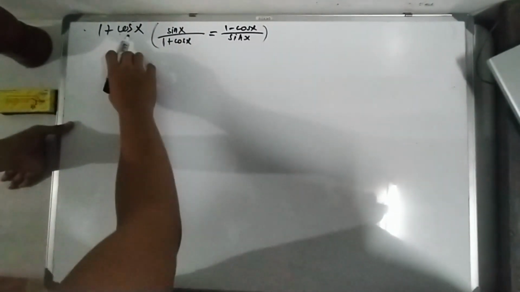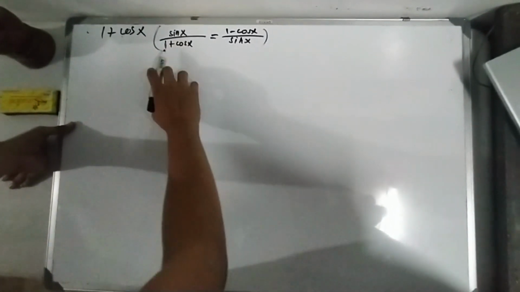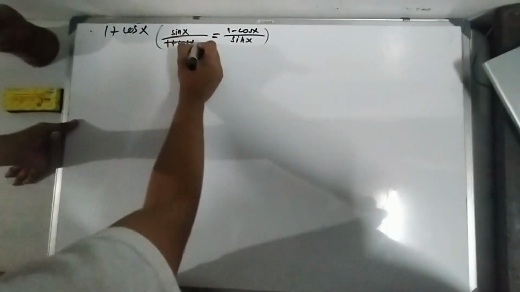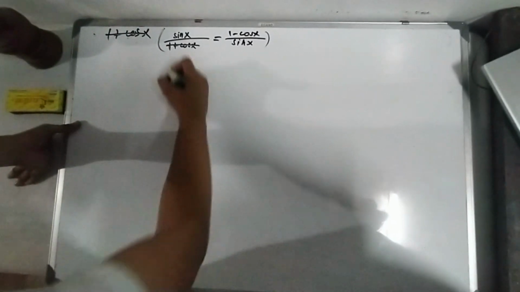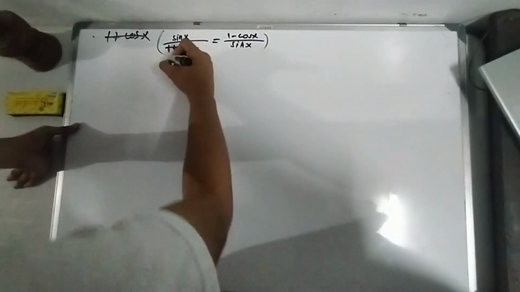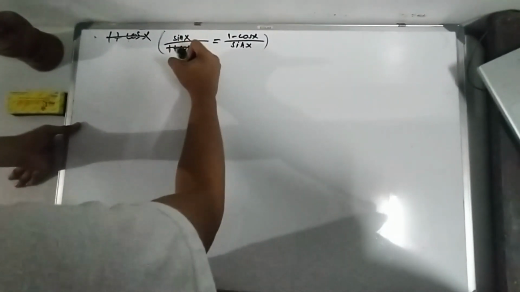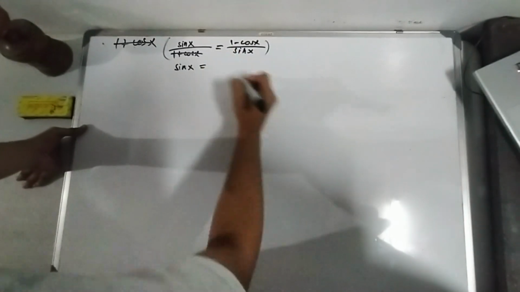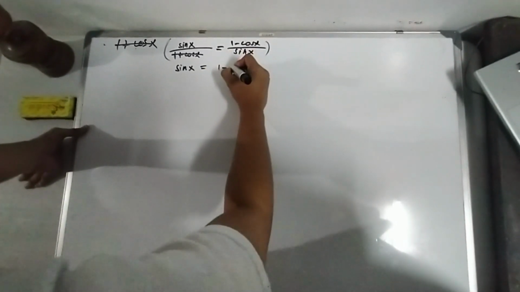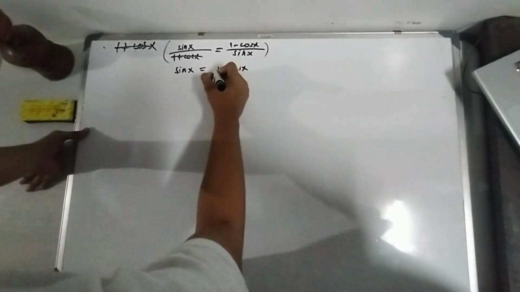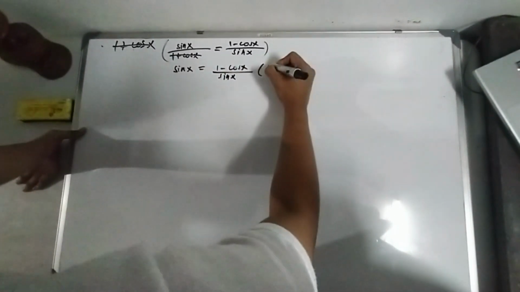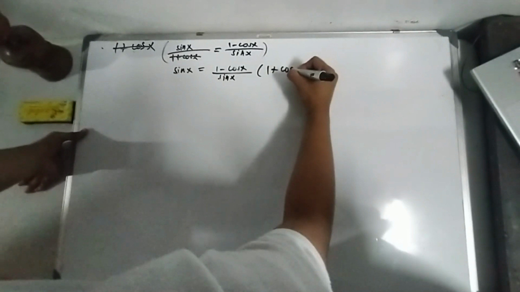So 1 plus cos x times sine x over 1 plus cos x. We're gonna cancel 1 plus cos x and this one. So we're only gonna have sine x left over. On the other side, we're just gonna copy it. So 1 minus cos x over sine x times 1 plus cos x.